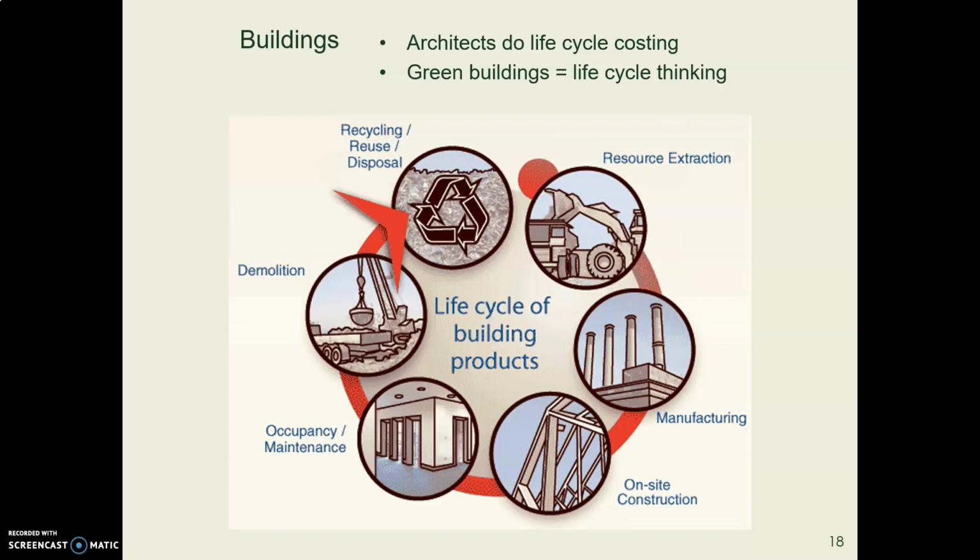And here's an example. If you have very energy intensive lighting and appliances in your building, over the next 20 years or 50 years, your owner is going to pay a lot of money in utility fees.